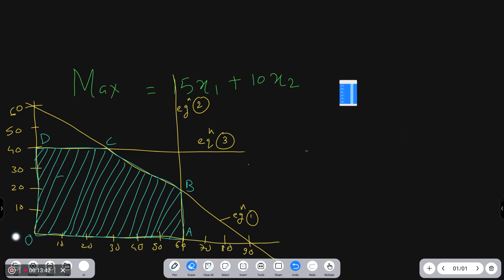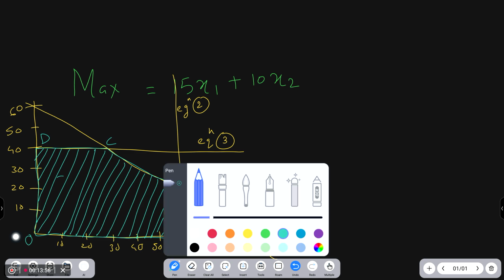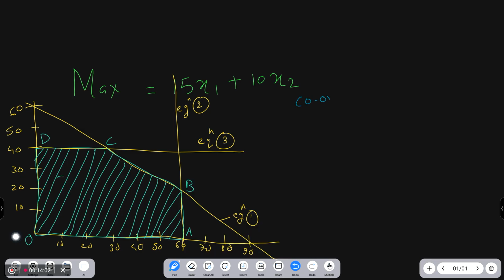What are they? First the coordinate, then its coordinate values, and then the objective function. What is our objective function here? Max.